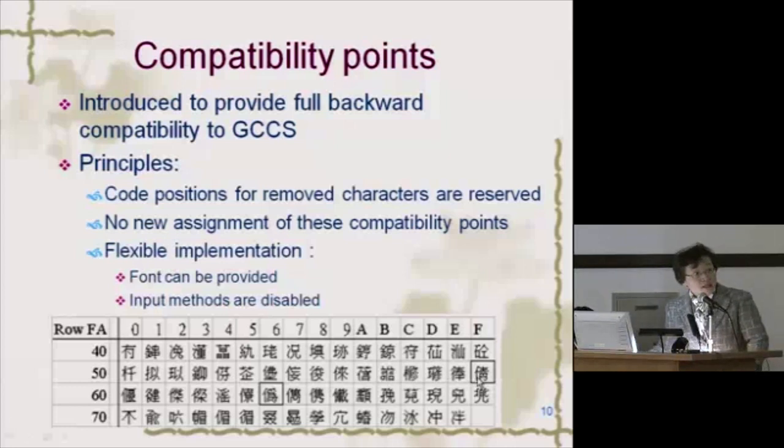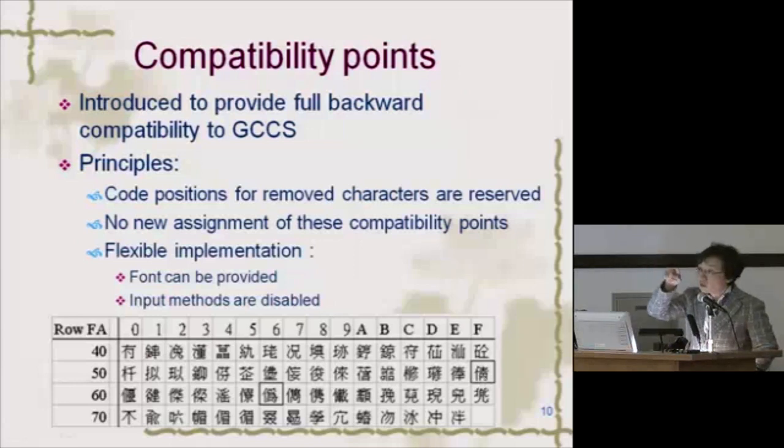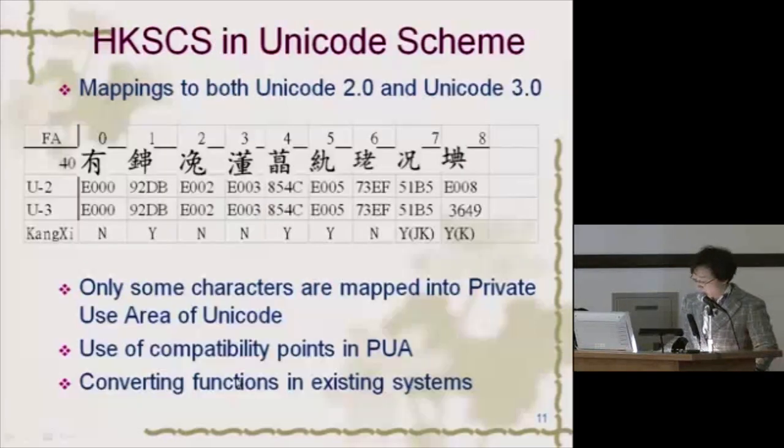But in the original one, this was one vertical one and one horizontal one. And that under ISO 10646 is unifiable. And that's why they are not being coded. So there is removal of another character. As an example, I showed the code table in here.